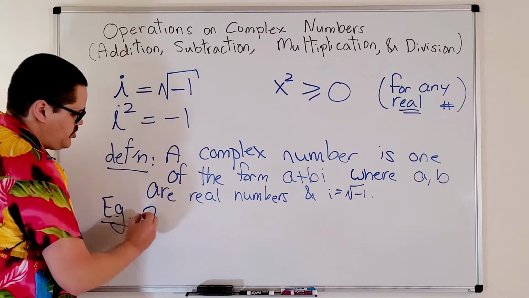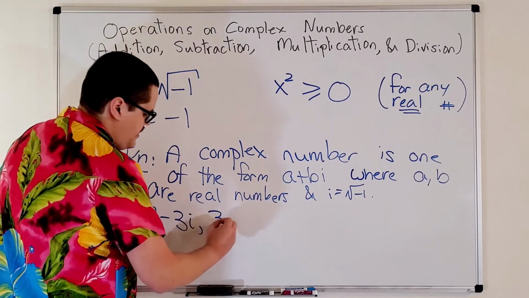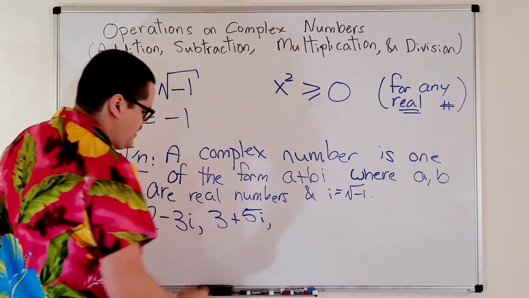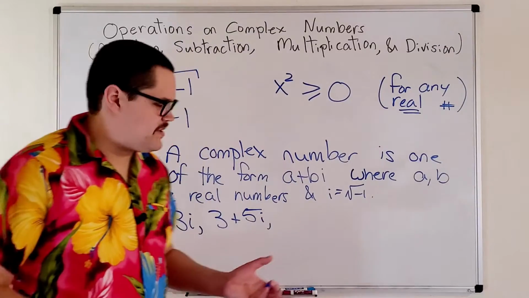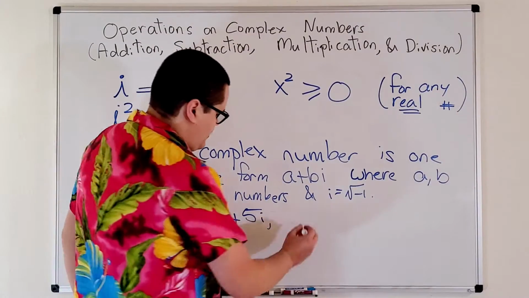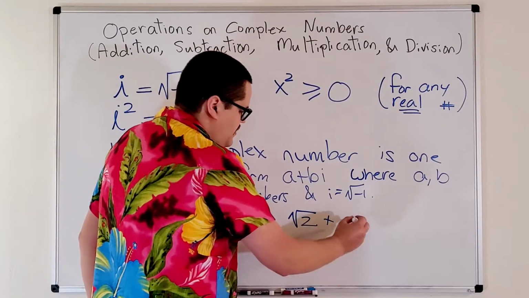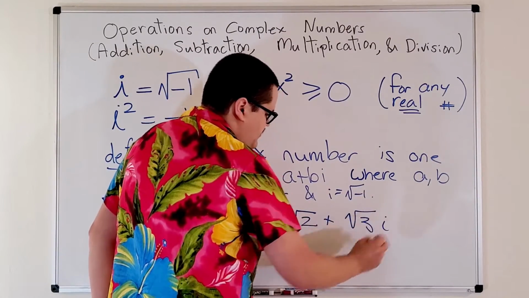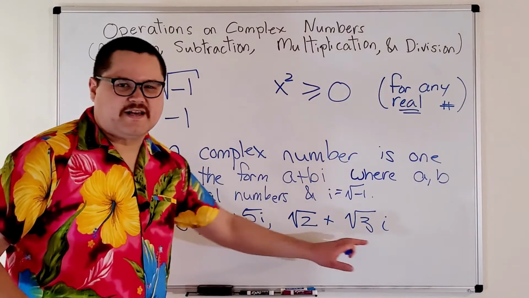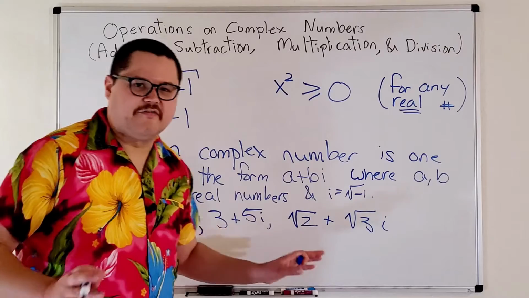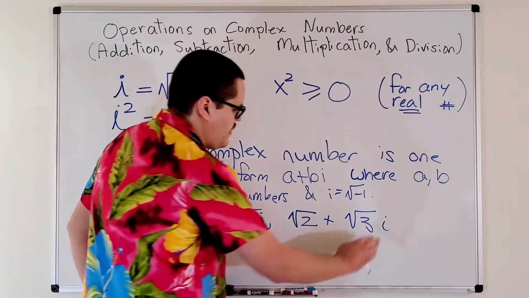let's say 2 minus 3i, 3 plus 5i, even things involving square roots, because those are real numbers, so square root of 2 plus, well, let's write it √3i first, but we usually write this as i√3, just as a matter of avoiding confusion, so we don't think the i is under the square root.